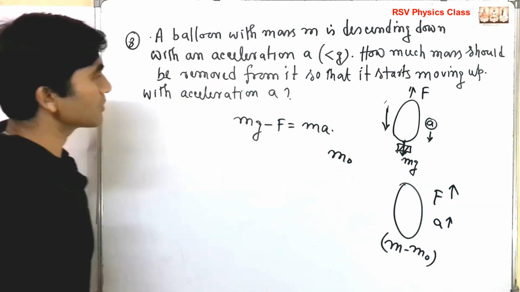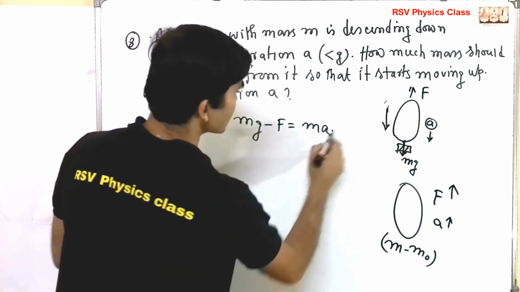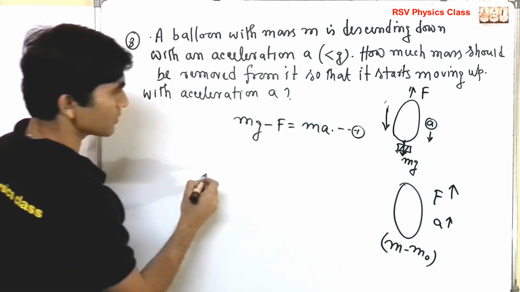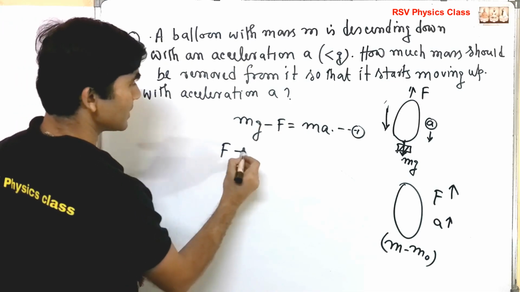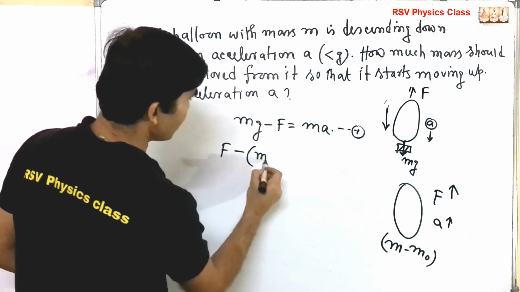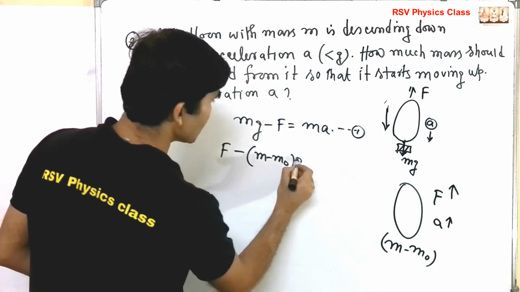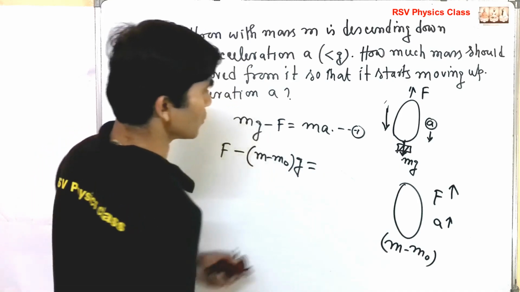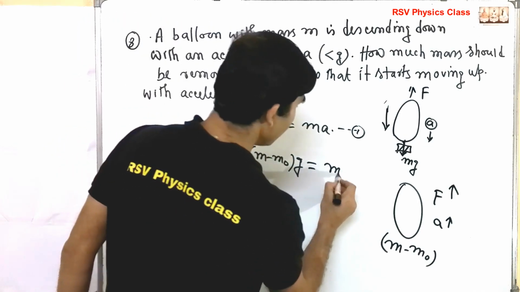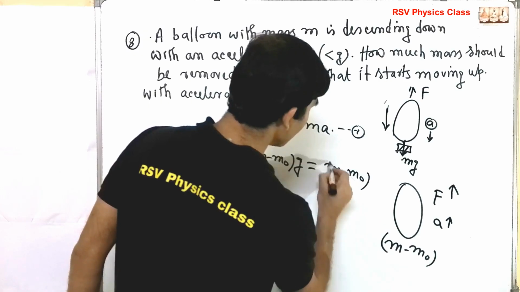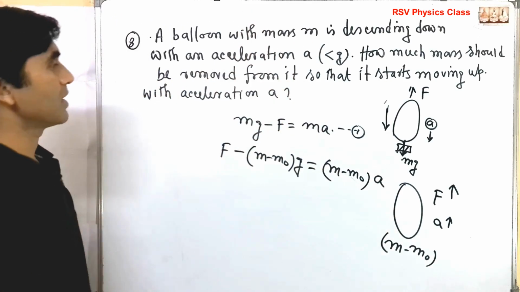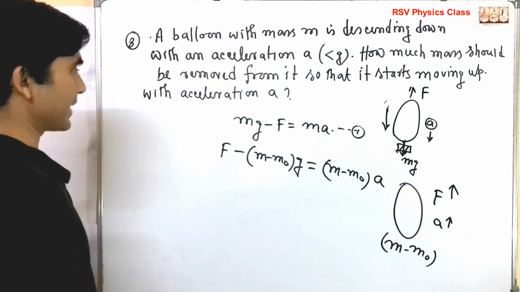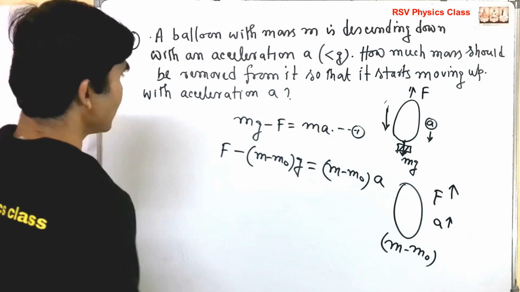This is equation 1, and the next equation will be: this force is higher because it is going upward, F minus m0 into g equals (m minus m0) into a, with acceleration upward.